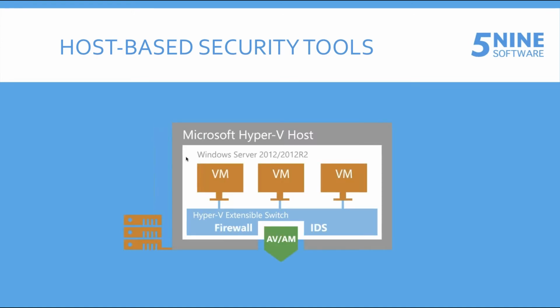The most efficient way is going to utilize, again, the HyperV Extensible switch and run antivirus and anti-malware on the host, and then scan those virtual machine disk files on a schedule all in one place, so that it's not the virtual machines that are doing the work, it's the host that's doing the work. And you're doing it once instead of doing it once for every virtual machine that's running on that host.